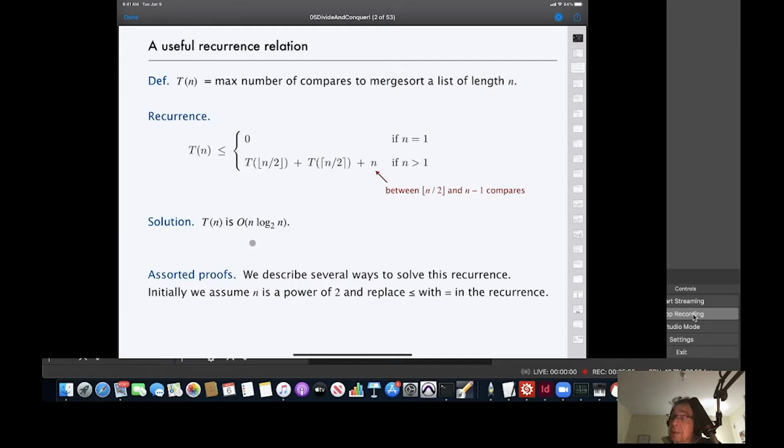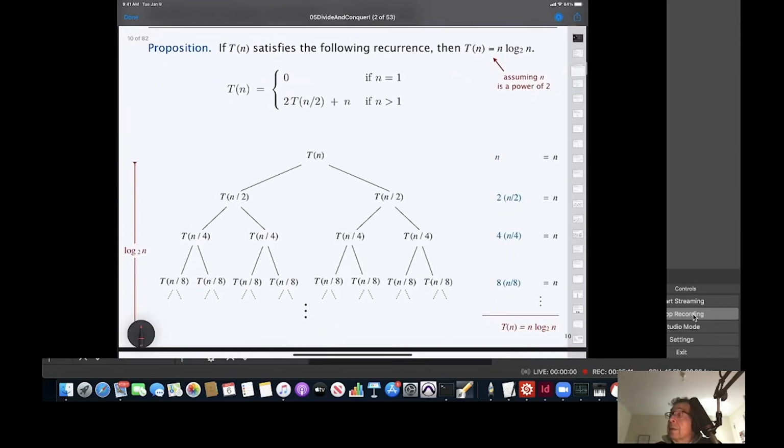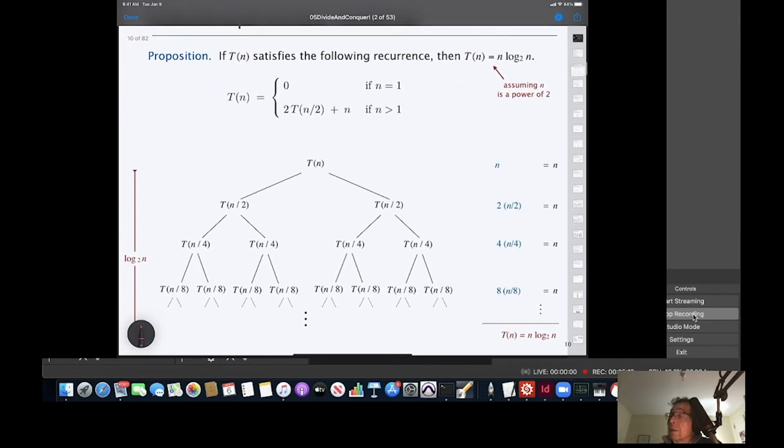And there are two ways in which we can solve this recurrence. Okay. So one is just imagine that n is a power of 2.